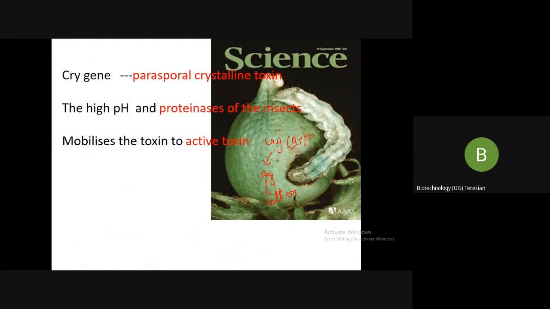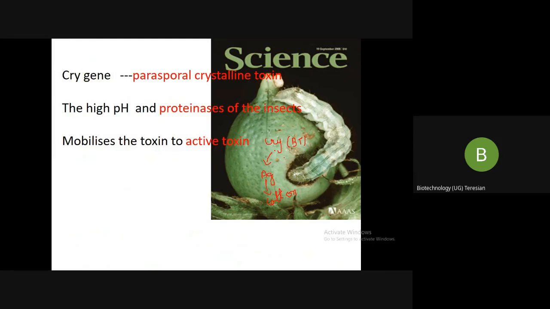The spores which are present, the cry spores or the genes present in the plant, enter into the Lepidopteran. And what is the condition in the Lepidopteran? It has an alkaline pH and protease enzyme in the stomach of the insects.